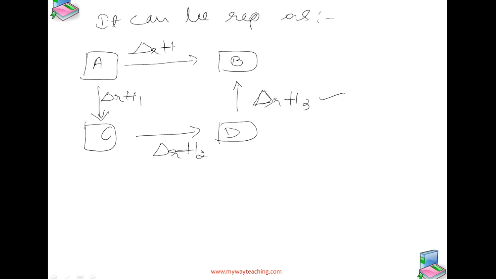So from delta RH 1, 2, 3 you are obtaining delta RH. This is Hess's law with an example.